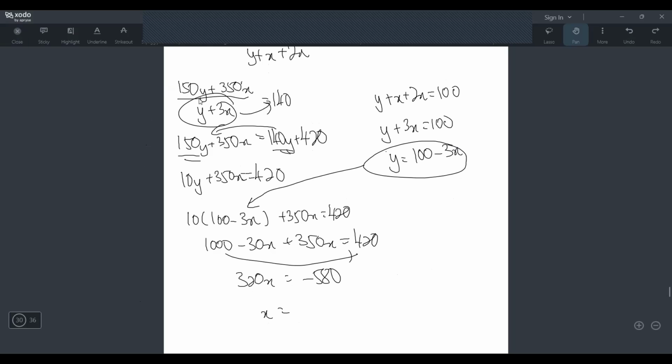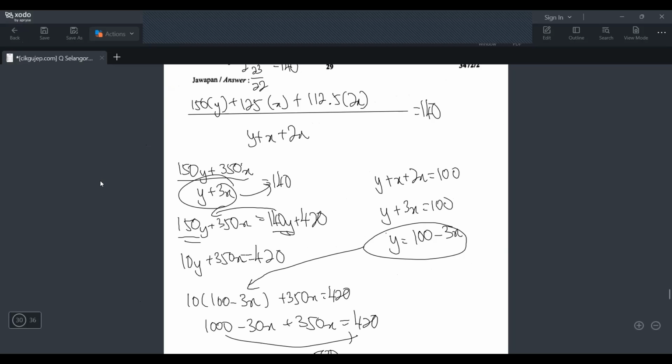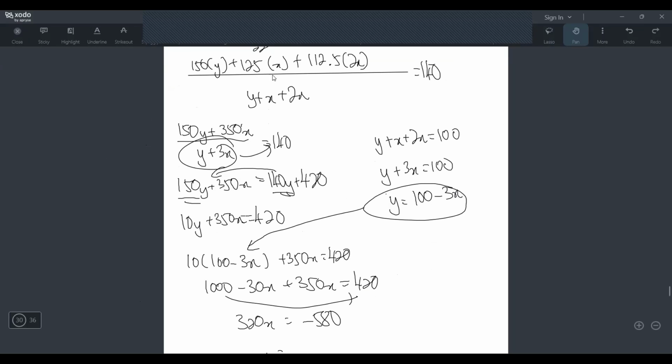150y plus 125x. Okay, let me check. 1 plus 112.5 times 2, y plus x plus 2x. So this one is 3x, correct? 140, correct? Okay, maybe here I did wrong. 112.5 times 2, 225, plus 125. Oh yeah, correct also, 350.